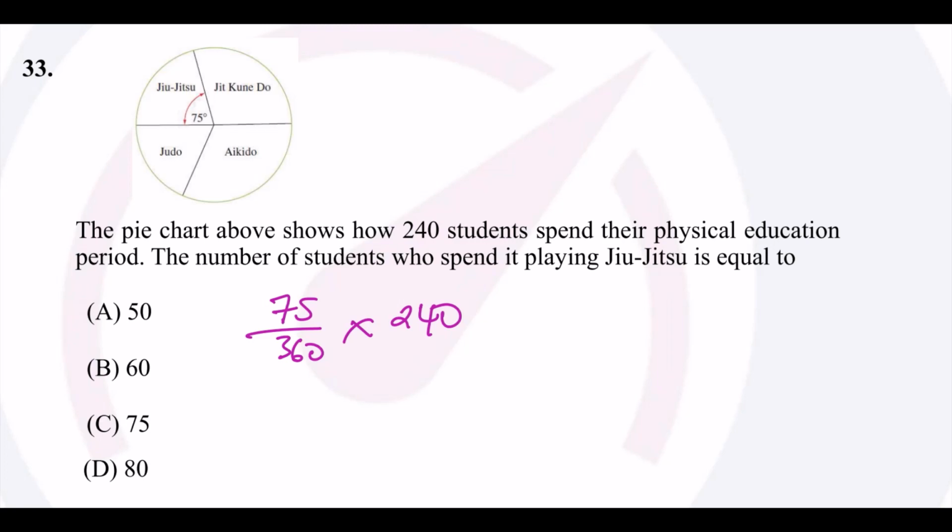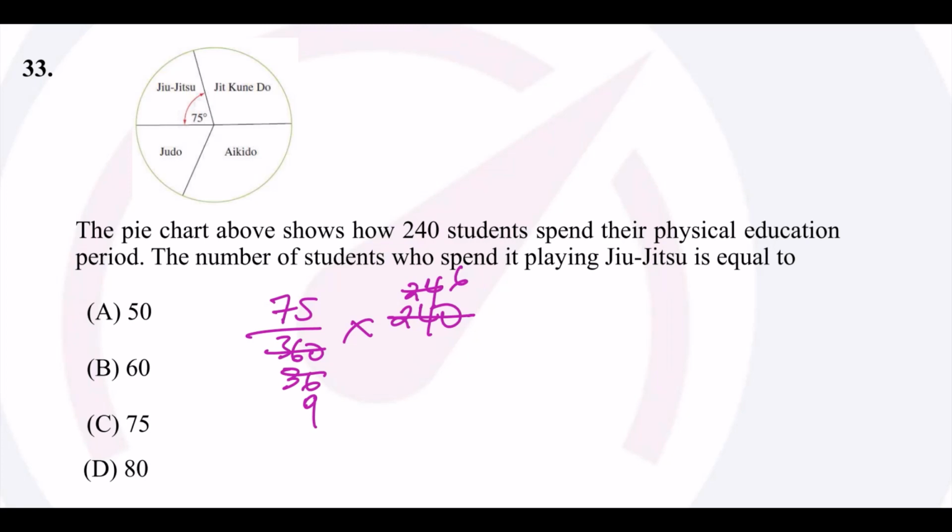75 and 360, can anything go into them both? Let us check. Alright, let me do the obvious. 10 into 360 goes 36 times. 10 into 240 goes 24 times. And then 4 into 24 goes 6 times, and 4 into 36 goes 9 times.